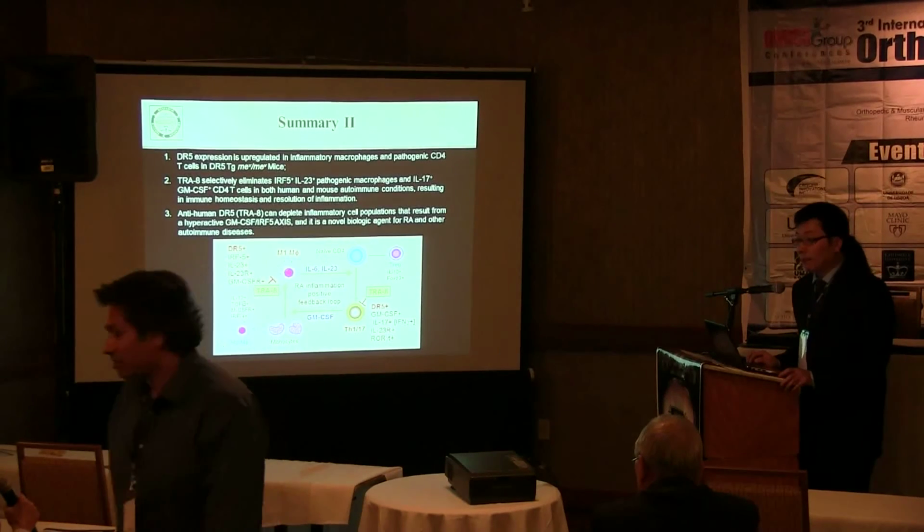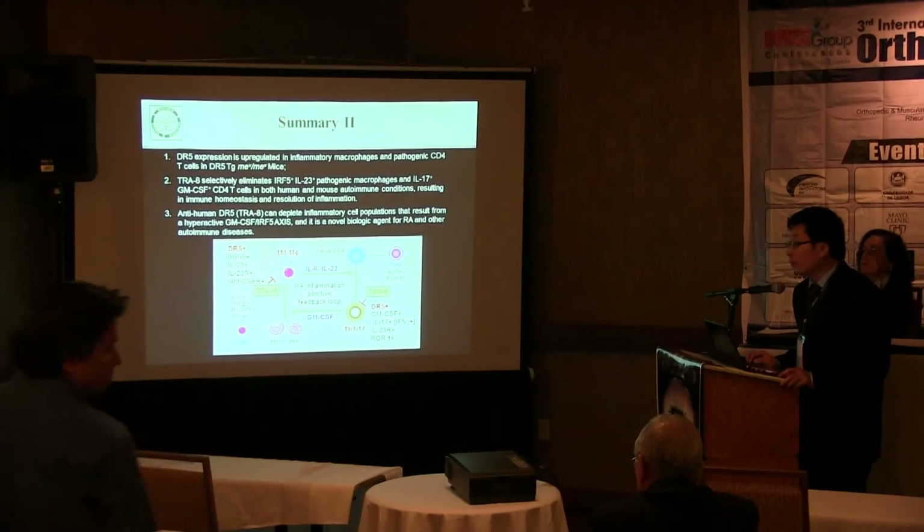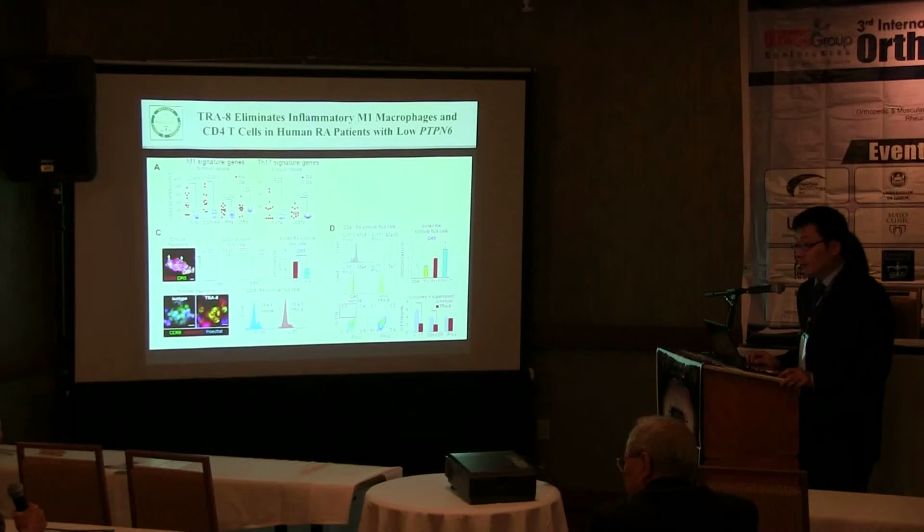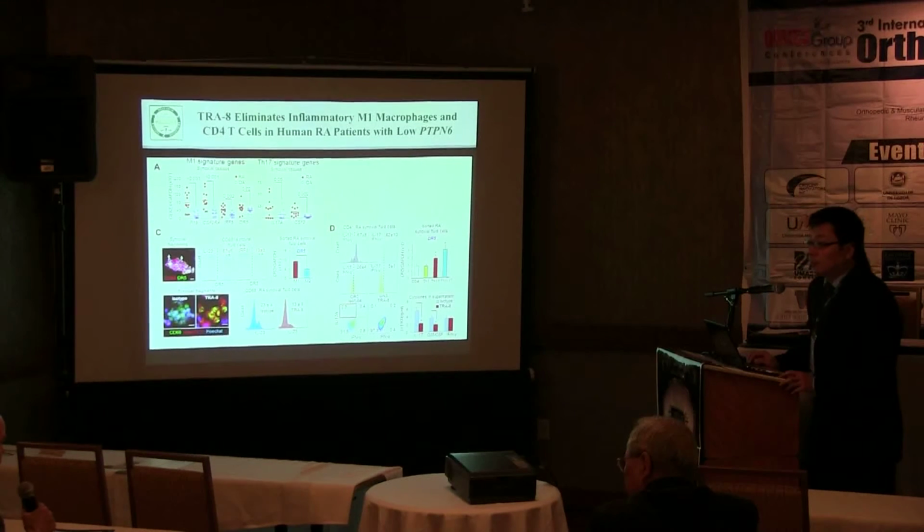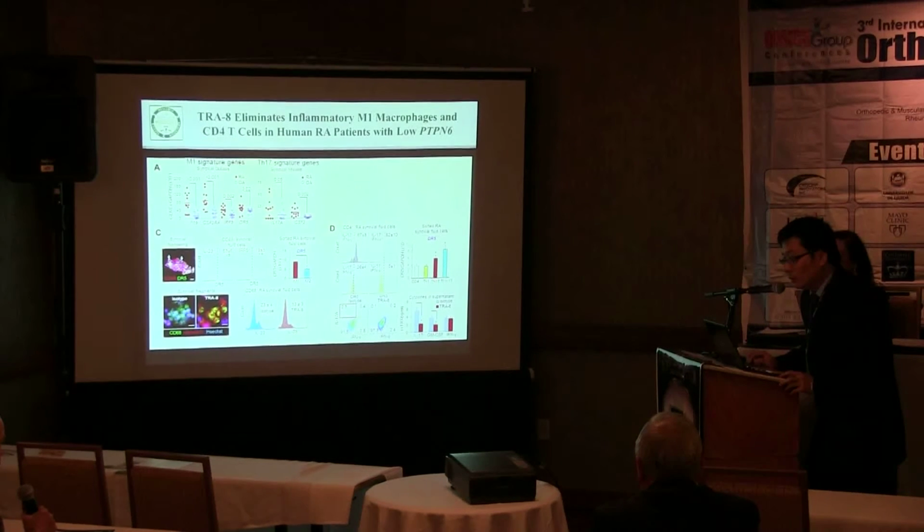Well, I think your work is very interesting. I've been working with osteoarthritis and apoptosis, and we have described that in osteoarthritis, apoptosis is a combination of the classical apoptosis and autophagia.